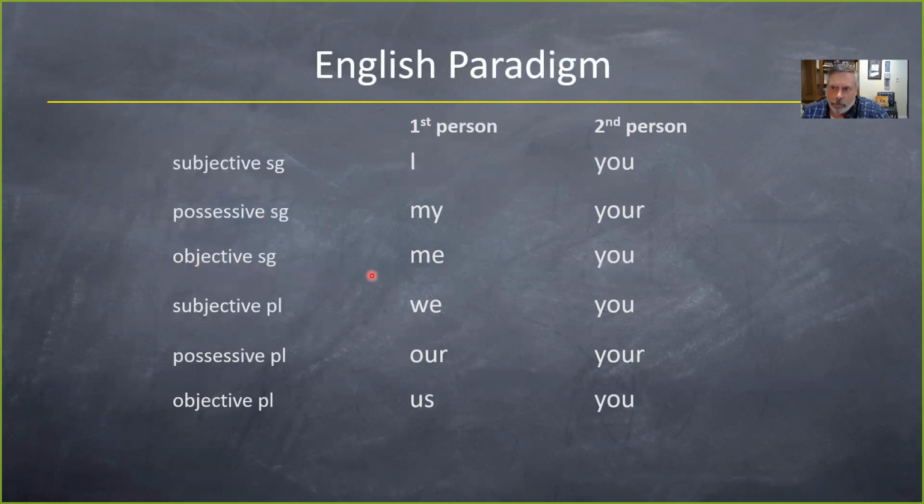Indirect object would add the helping words: to me, with you, in you. The plural, same thing. Subjective, functioning as a subject, the we, the you. Possessive, showing possession, our or yours in the second person. And for the objective, whether it be the direct object or indirect object, is us or you in the second person.